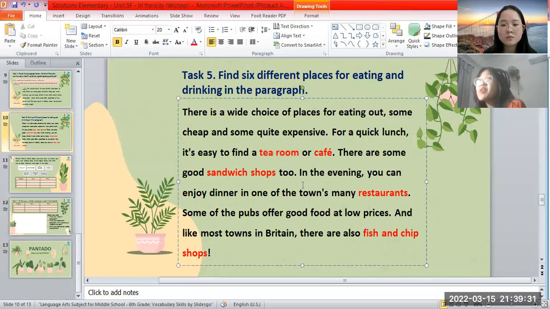You mean? Okay, I think that you don't know this word. The pub is a place that we can drink and eat inside. Do you know bar?